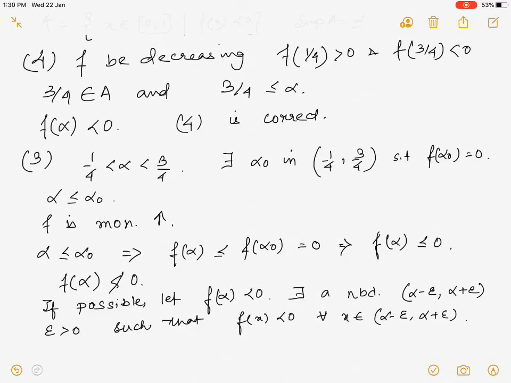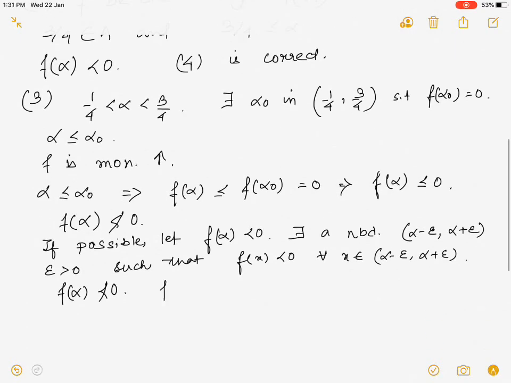But this violates the fact that alpha is the supremum of the set A. Thus f(alpha) can't be less than 0, and hence f(alpha) is equal to 0.